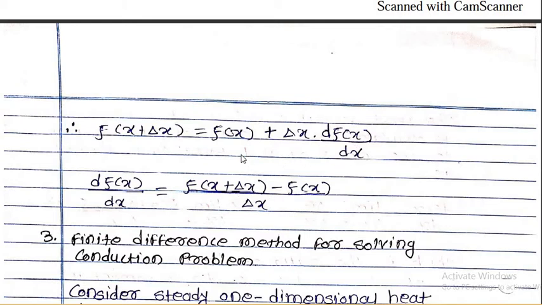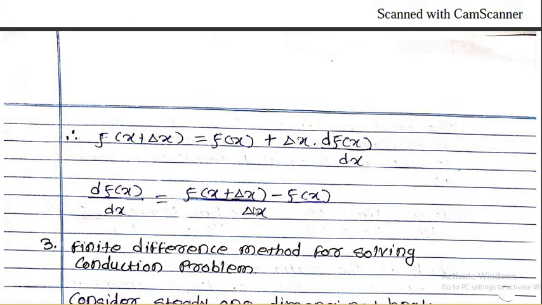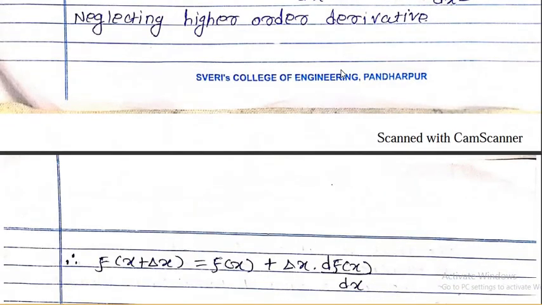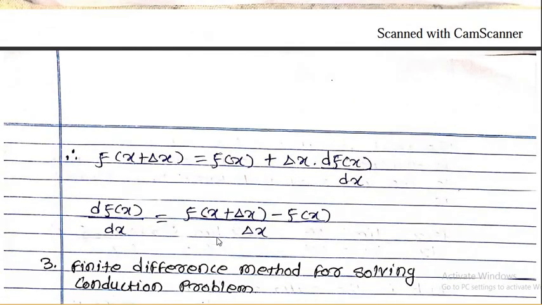If you rearrange the terms, shifting f of x to this side and dividing by delta x, we get the differentiation of f of x with respect to x equal to f of x plus delta x minus f of x, whole divided by delta x. So we get the same equation as above. This equation once again we can get by using the Taylor series.